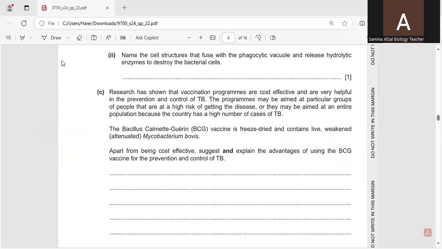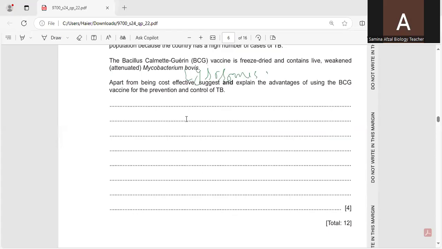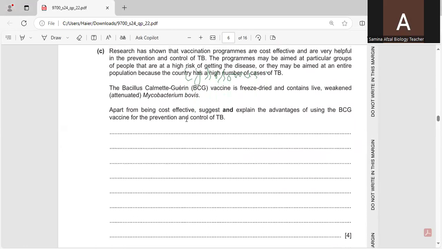They will break down and destroy those bacteria by secreting enzymes. So we are going to write lysosomes. These are the cell organelles which produce these hydrolytic enzymes.